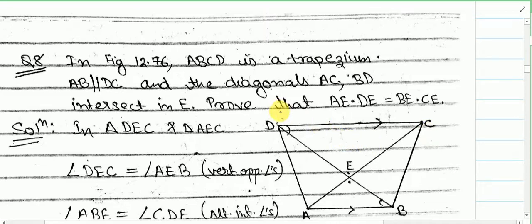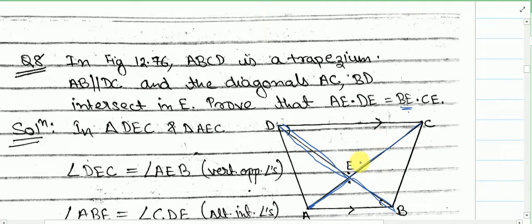So here you can see that AE is part of this triangle ABE, and DE is part of this triangle DEC, and then BE is part of this triangle ABE, and CE is part of DEC.